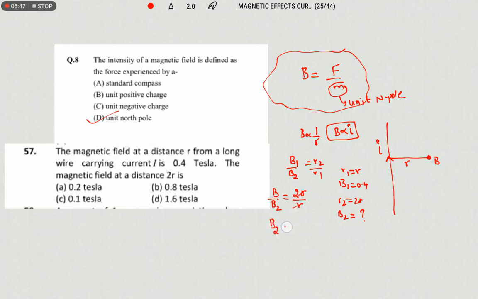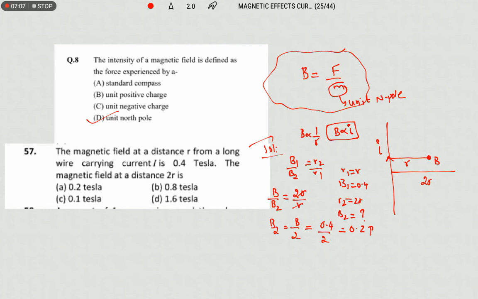So B2 is equal to B by 2. What is the B value? B value will be 0.4 by 2, therefore 0.2 Tesla is the magnetic field at a distance of 2R from the conductor. So this is the solution for this question.